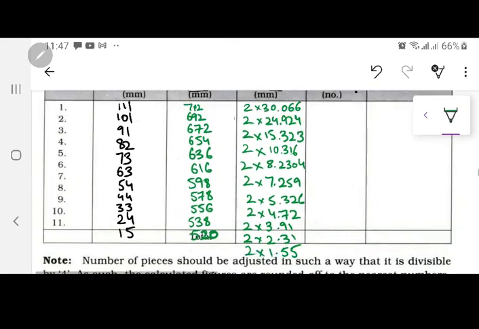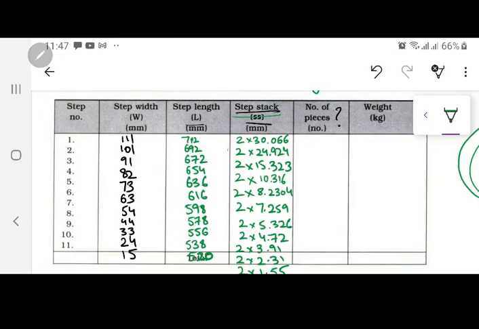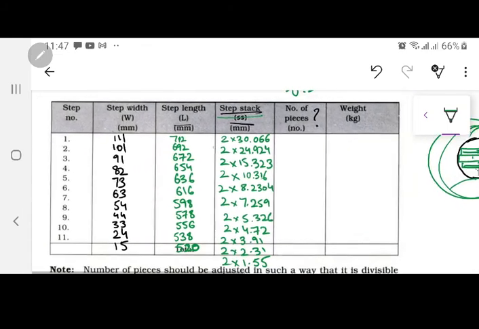1.55. Okay, now for the number of pieces, take the value of 2 into 30.066 divided by 0.27, and whatever value you get, round it off to the next multiple of 4.